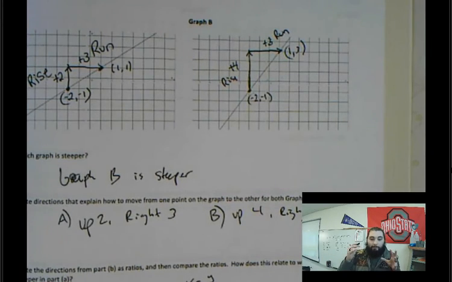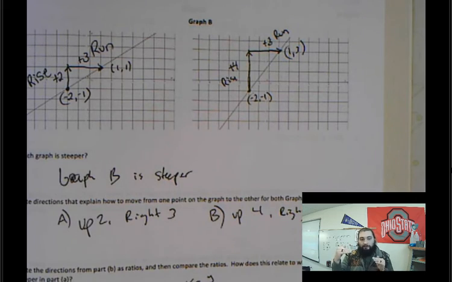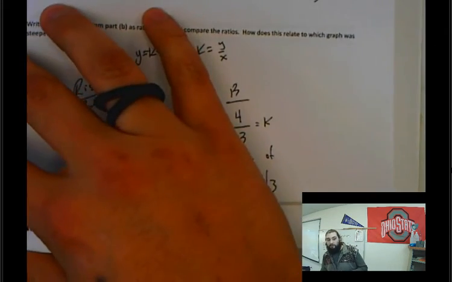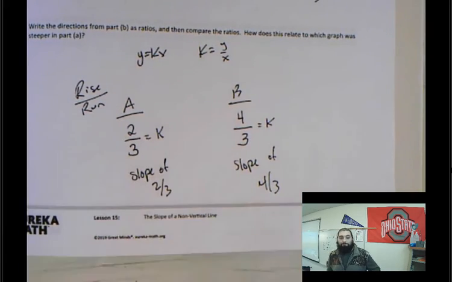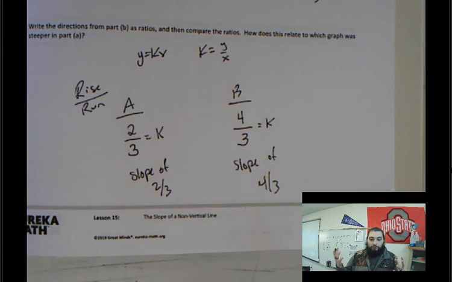We're doing the same thing on both of them. So because we're comparing the same thing, getting from one place on the line to another place on the line, that allows us to create two slopes that could be compared.